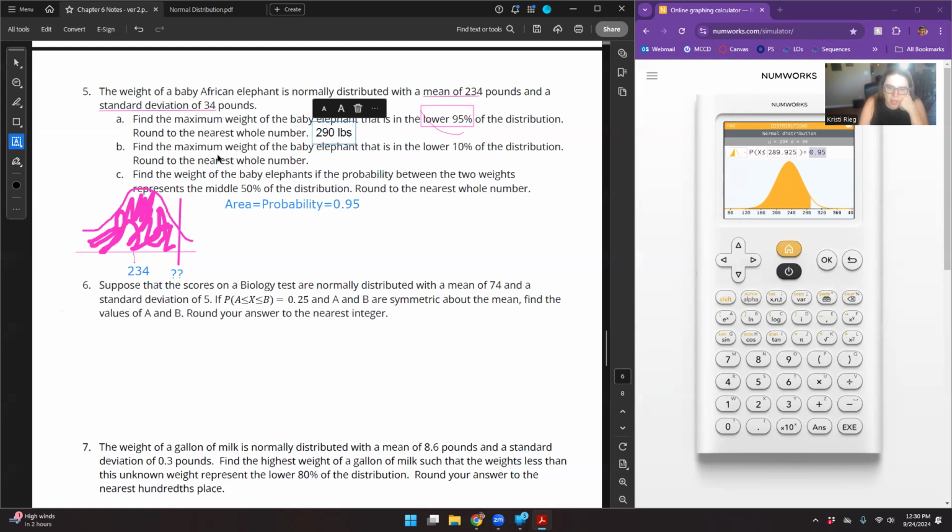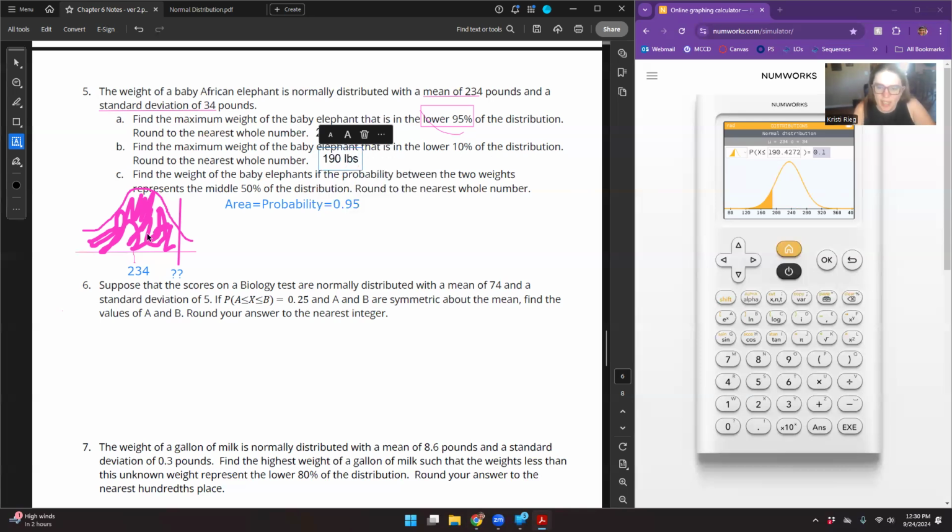Okay. Now I'm not going to draw a picture because it's going to be very similar, but find the maximum weight in the lower 10%. So I come back here to my calculator. Instead of 95%, I put 10%. And now to the nearest whole number, I have 190 pounds.